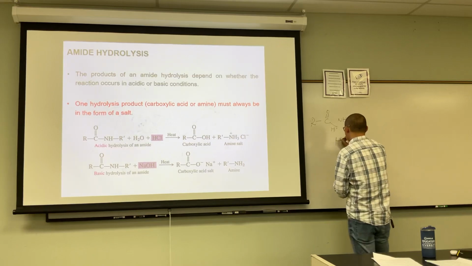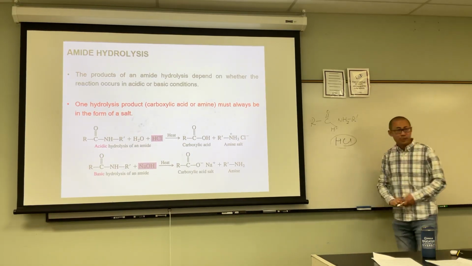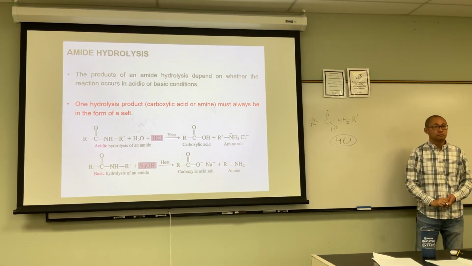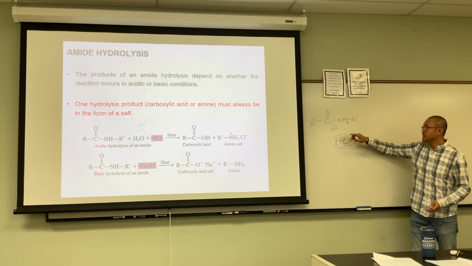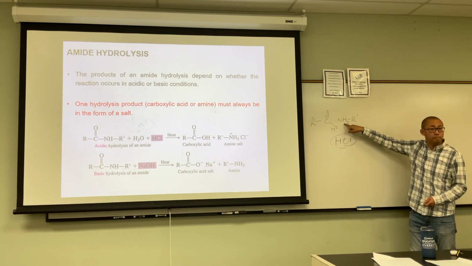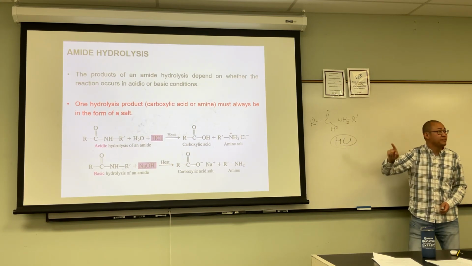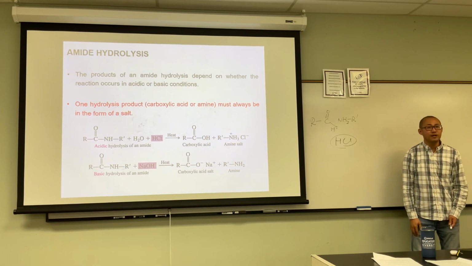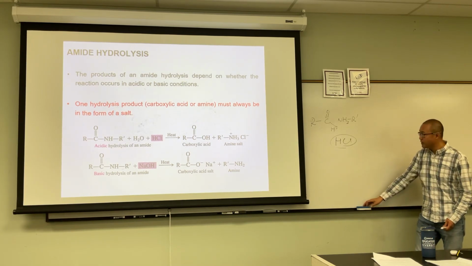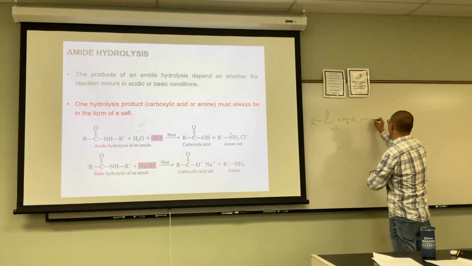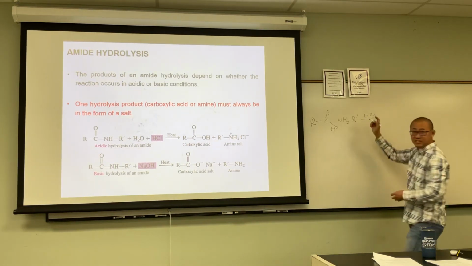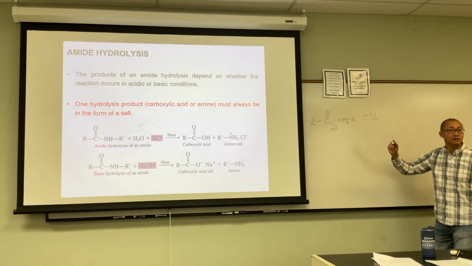Okay, I have acid in here. Because of the presence of this acid, the resulting amine, that is a base, will what? Further react with the acid. Is that right? How do these two react? Think about it, guys. How does NH2 react with HCl? We studied that in the very beginning of the class. How do they react?